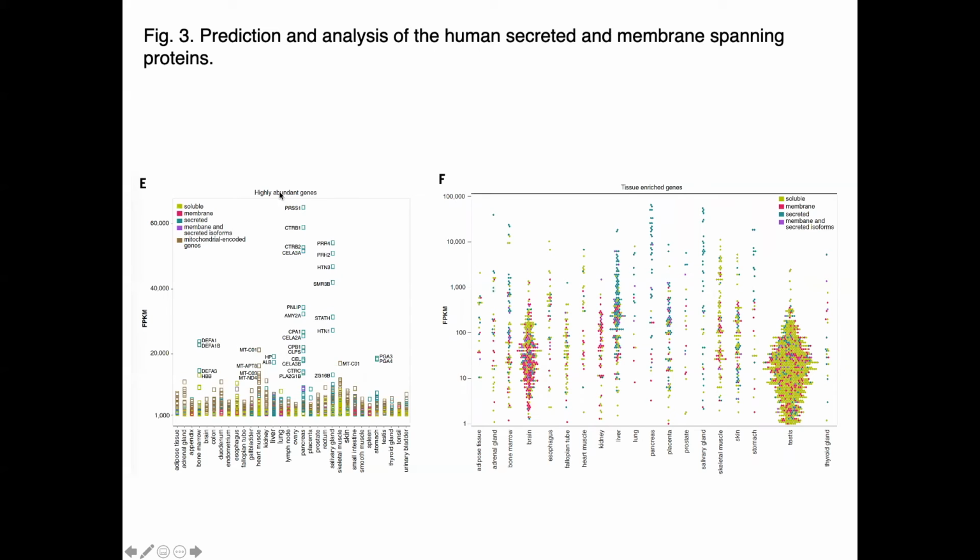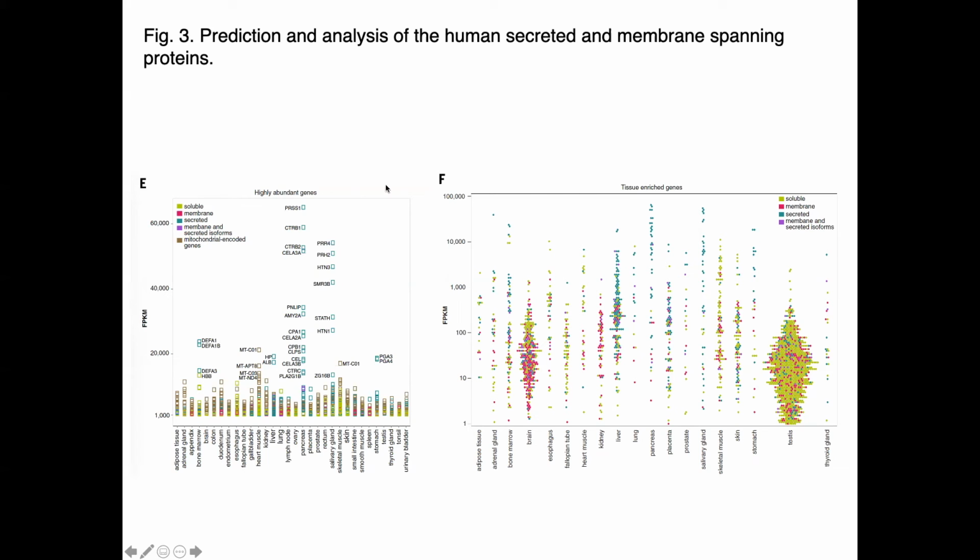Therefore, 4 factors are displayed simultaneously in this figure. One is tissue, then the mRNA level on the y-axis, and cell localization, as well as the gene names, right? From this figure, it is obvious that most highly expressed genes are secreted, and the pancreas has the most secreted proteins in the tissues examined in this figure.